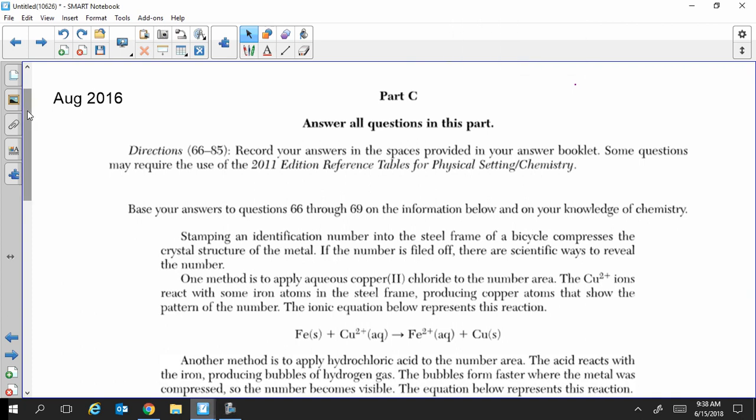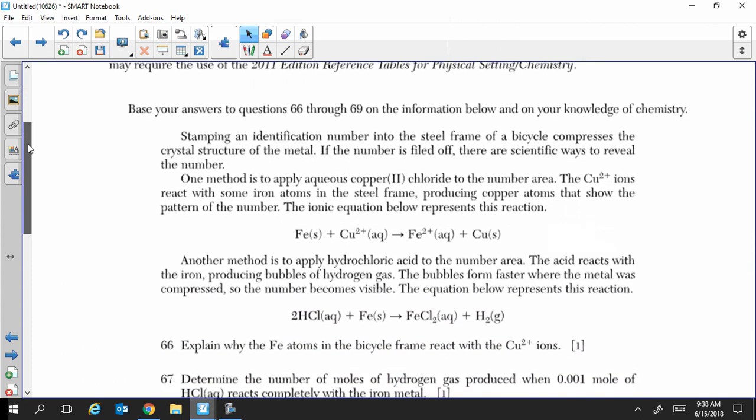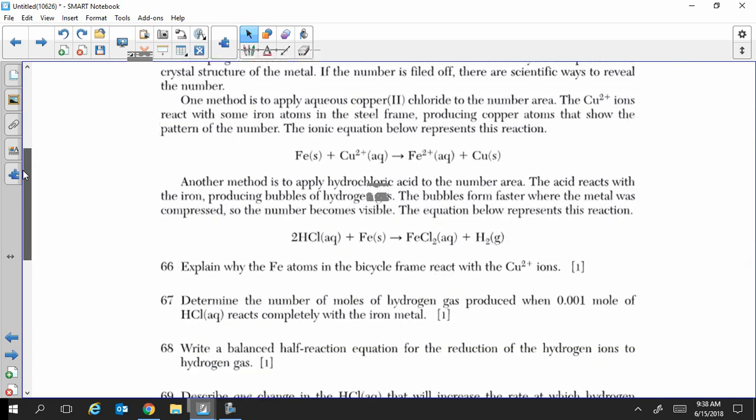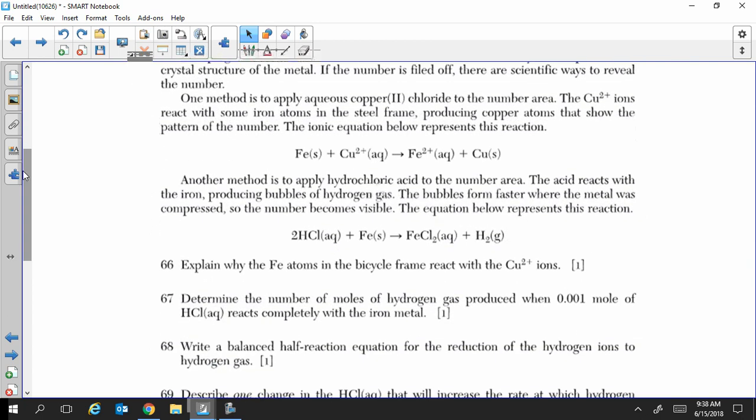So when you come to these part twos, sometimes there's a lot of reading here, and it's talking about some reaction. So I would just go right to the questions first. Explain why the Fe atoms in the bicycle react with the Cu plus 2. If something reacts, it is because it is more active.